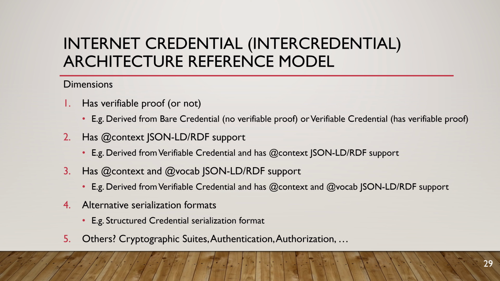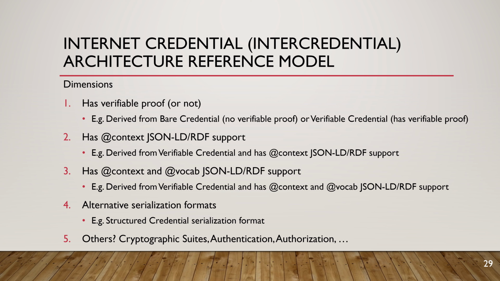the first dimension is, does the credential have a verifiable proof? So is the credential derived from bare credential and has no verifiable proof, or does it have a verifiable proof, and hence is a verifiable credential? So that's one way of separating the different types of internet credentials that are out there.